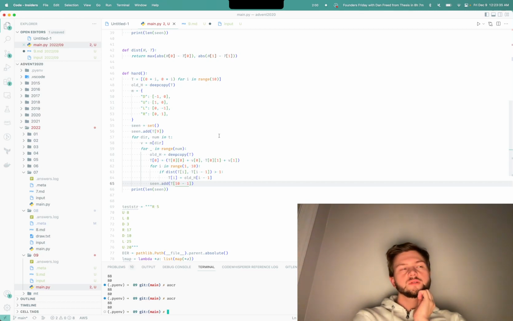Old value. The distance greater than and it moves.